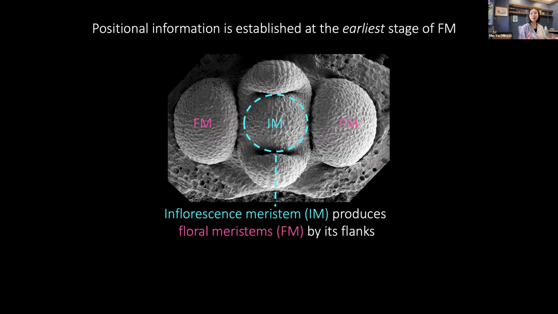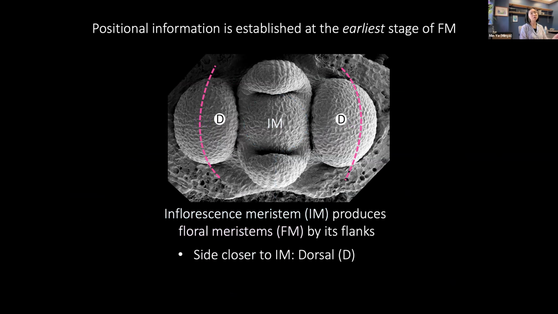Flowers are produced by floral meristems, and floral meristems are produced by the inflorescence meristem. As soon as a floral meristem is produced, by default, half of its cells will be located relatively closer to the inflorescence, which we call the dorsal domain. The remaining half will be located relatively further away, which we call the ventral domain.